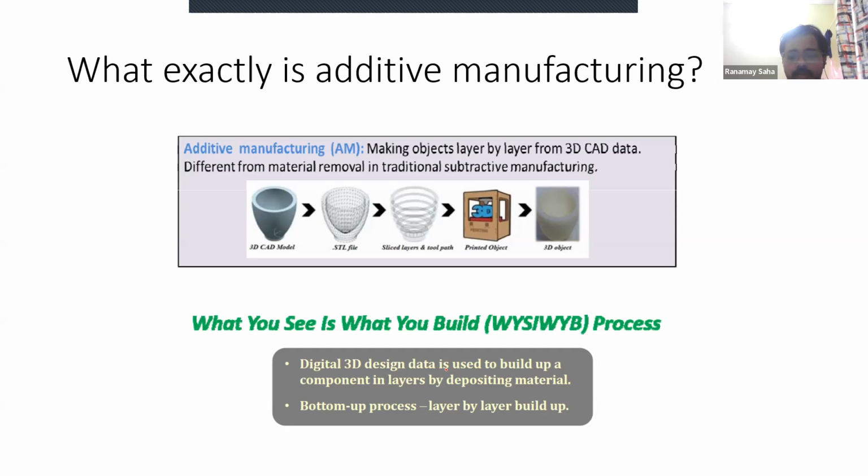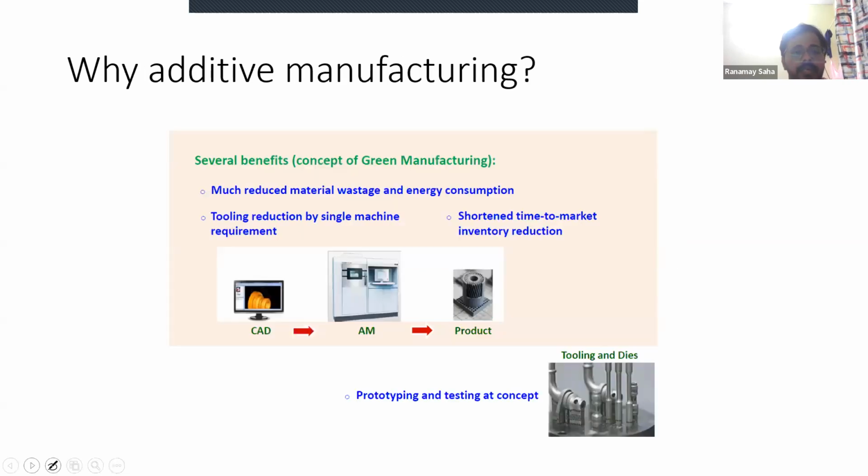Then we move to the next topic, as in why exactly additive manufacturing. You have several benefits. Firstly, additive manufacturing gives you products which are highly efficient in material consumption.